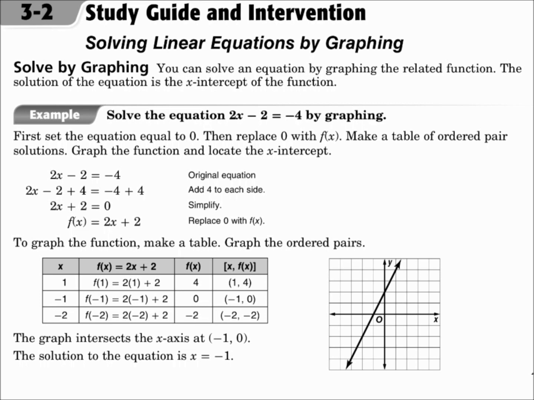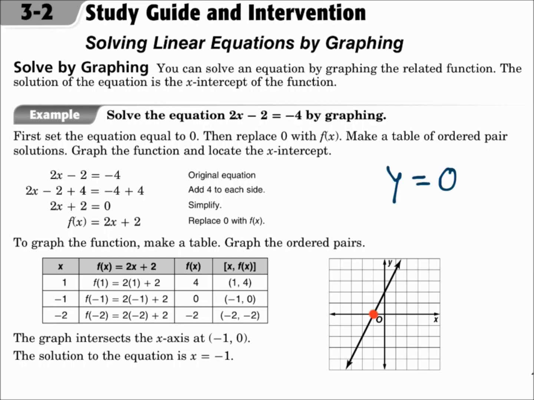The solution of the equation is the x-intercept of the function. The x-intercept is also called a zero because y is 0 at that point. For example, that point on the example question, the x-intercept has a y value of 0.